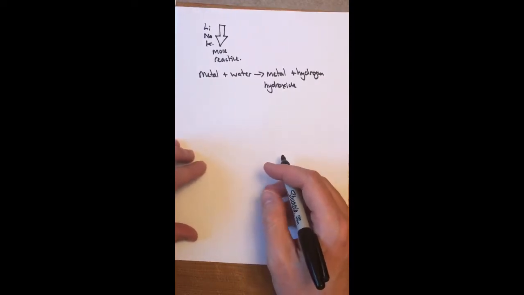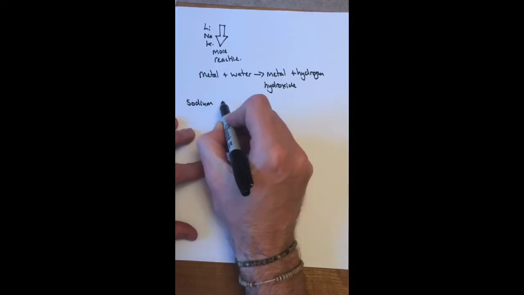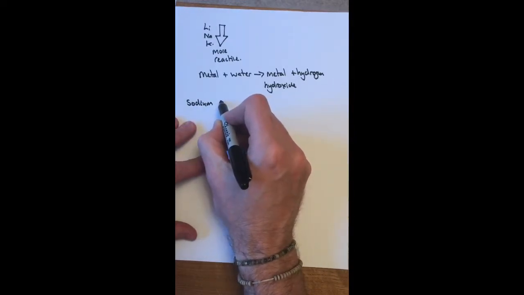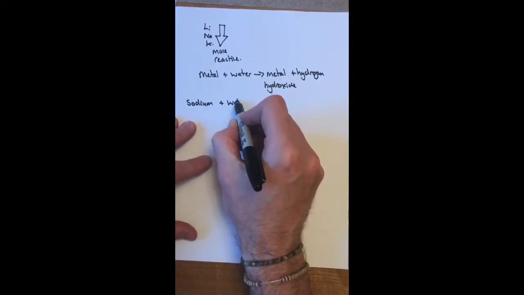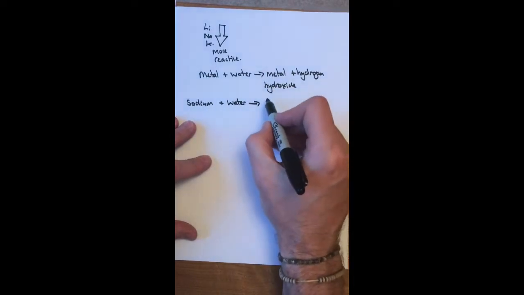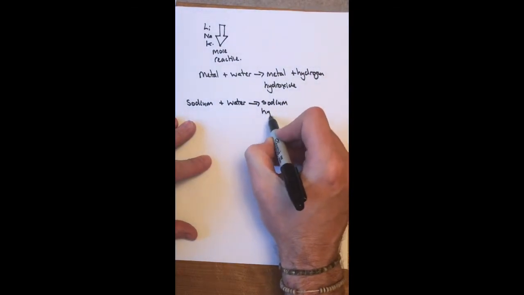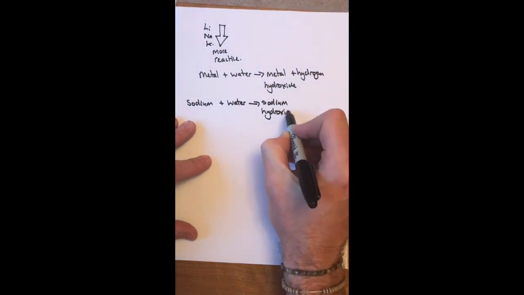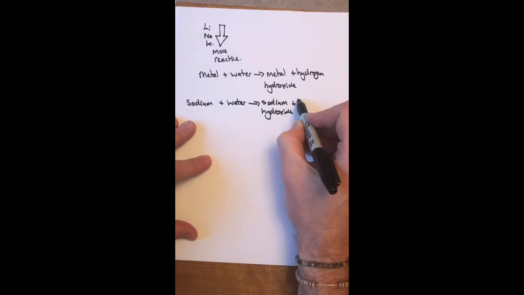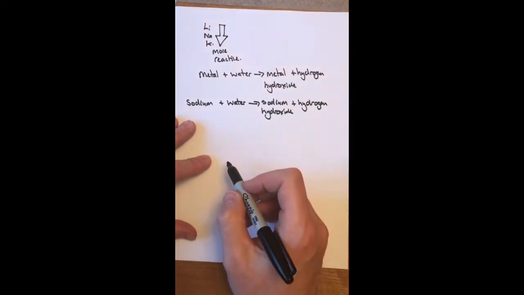So in this process, let's use sodium as an example. Here's my sodium, and we're going to add it to the water. All we've got to do is say this makes a hydroxide, which is the alkali, so that is going to make sodium hydroxide plus the hydrogen that's causing the squeaky pop.